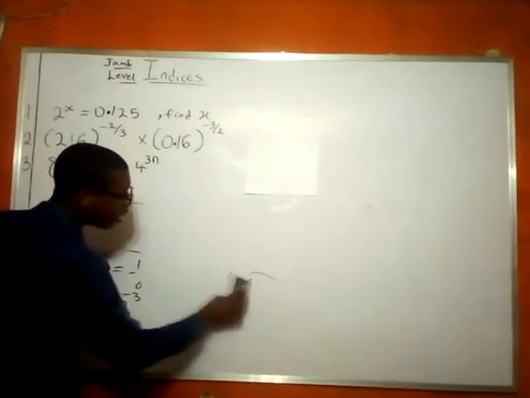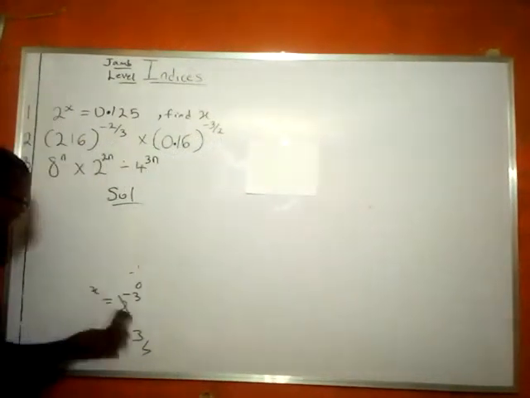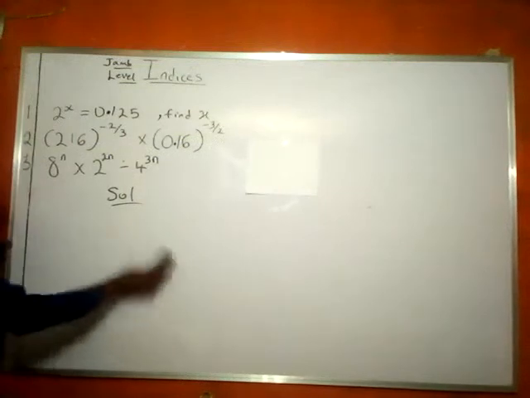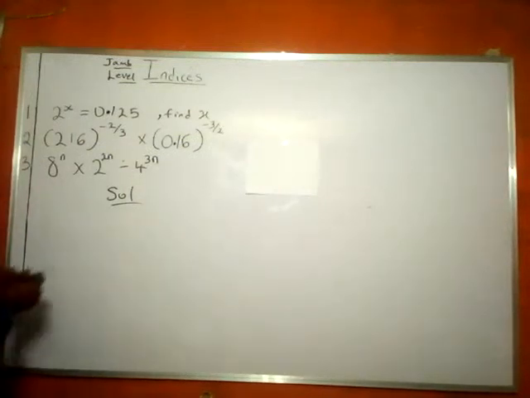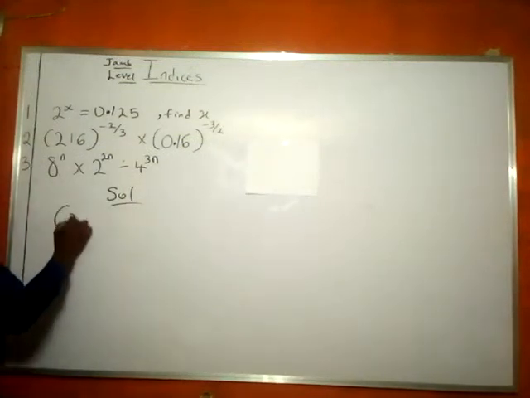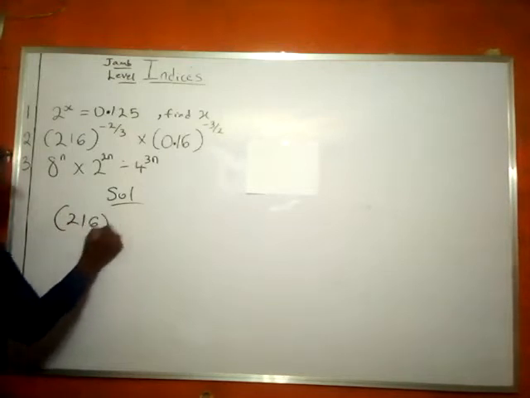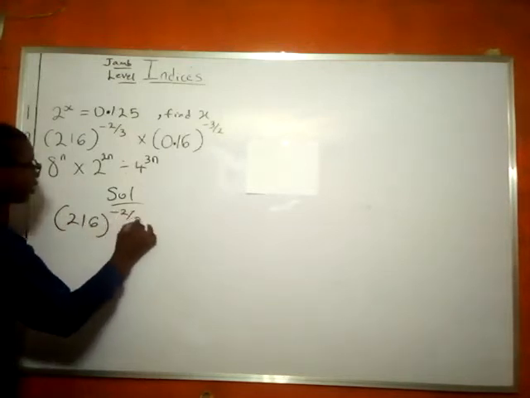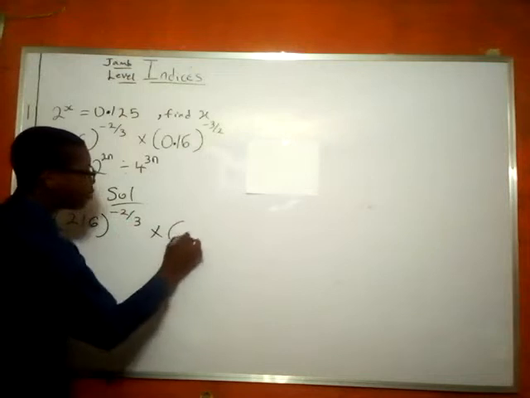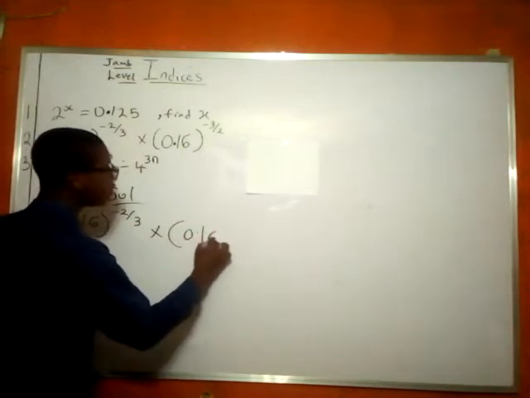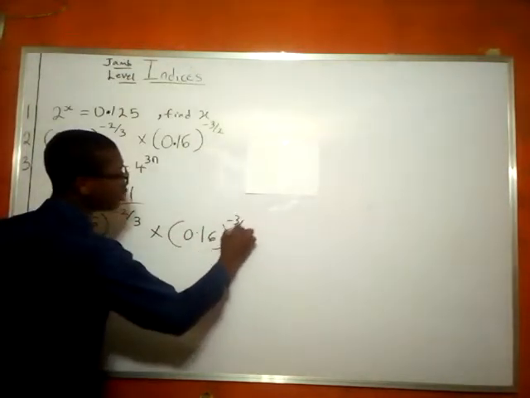Since we know our laws of indices, this should not be much of a task for us. So we have open bracket 216 raised to power minus 2 over 3 multiplied by open bracket 0.16 close bracket minus 3/2.